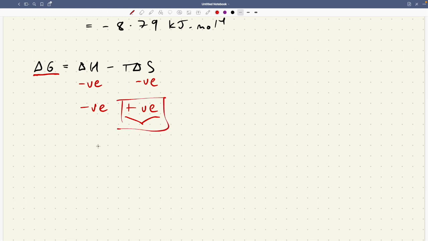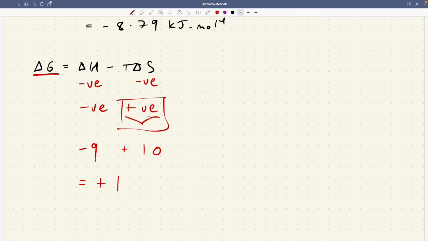So for example, let's get a real simple idea. Let's say we have a minus 9, and let's say this T delta S ends up as plus 3. Well, that's obviously going to be a negative number overall. But let's say this wasn't plus 3, let's say this was plus 10. Well, that's going to end up with a positive number overall.